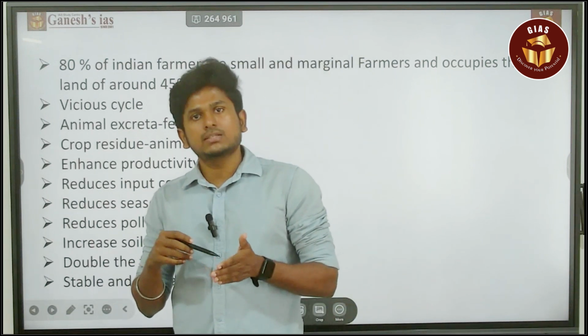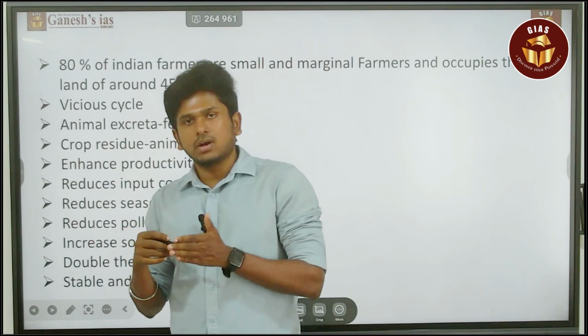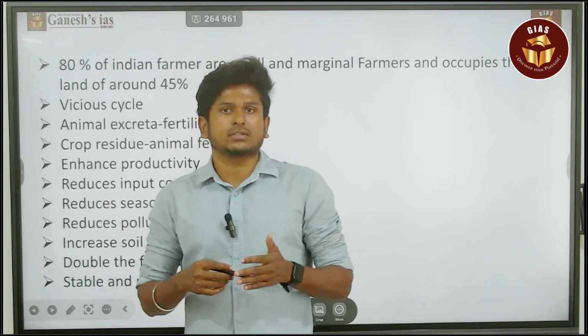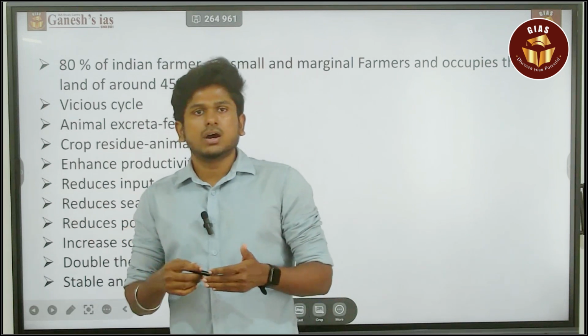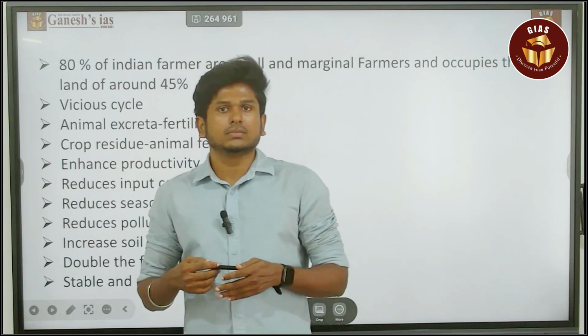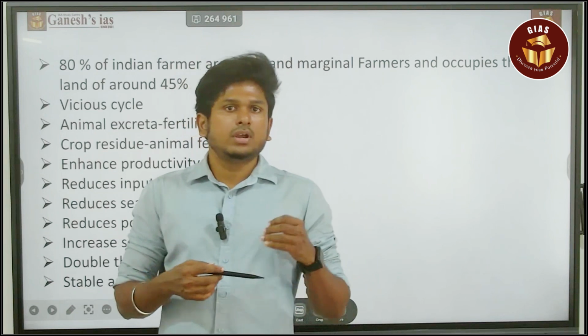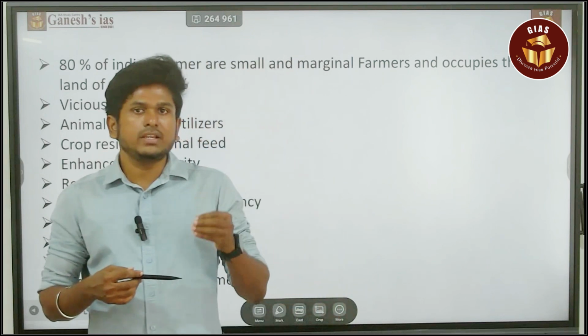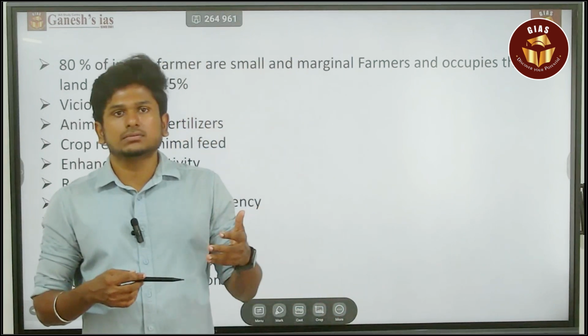At the same time, there is another issue: losses due to climatic factors like floods, climate change, or a pest attack, which also impact them. So in reality, the Indian farmers are in a vicious cycle.